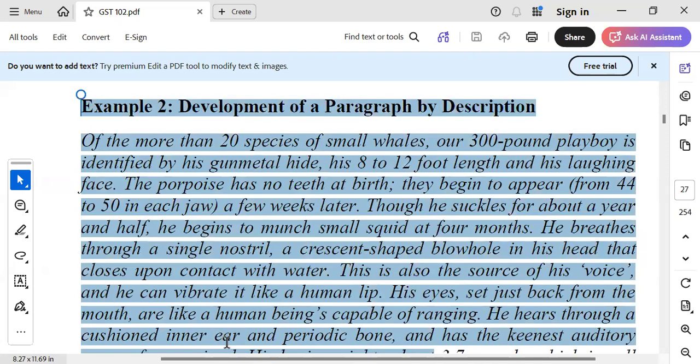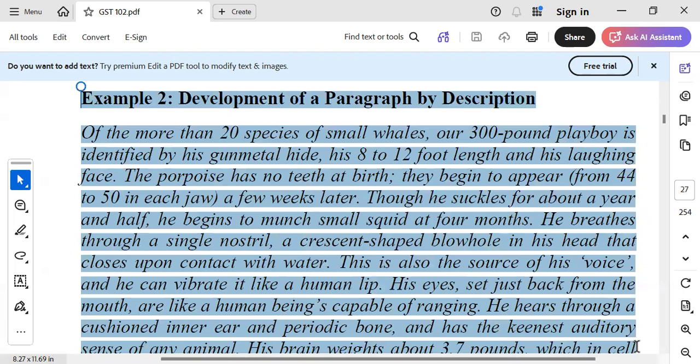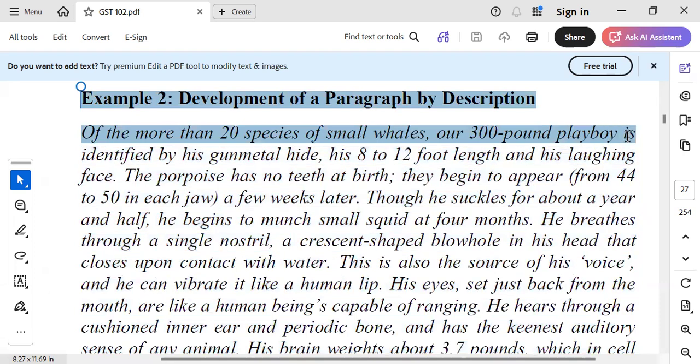Example 2, development of a paragraph by description. Of the more than 20 species of small whales, the 300-pound porpoise is identified by its gunmetal hide, its 8 to 12 feet length, and its laughing face. The porpoise has no teeth at birth.